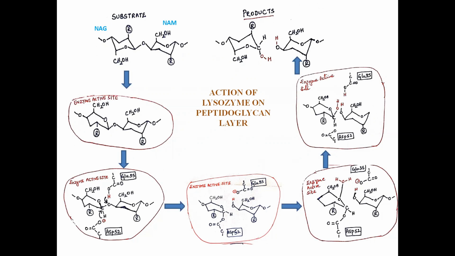When a bacterium enters our body, the lysozyme counteracts it. So the substrate fits into the active site of the enzyme. About 6 subunits of this substrate fit into the active site of the enzyme.